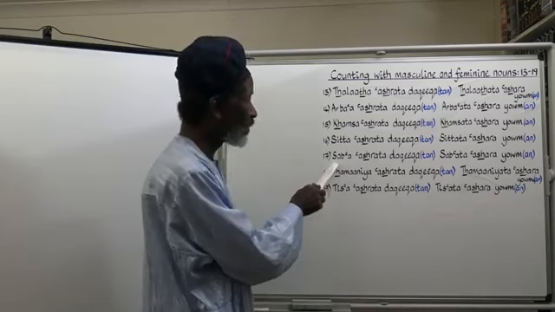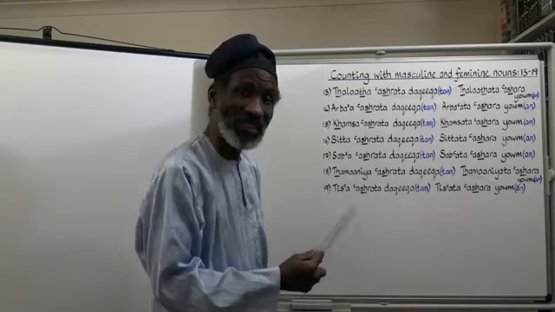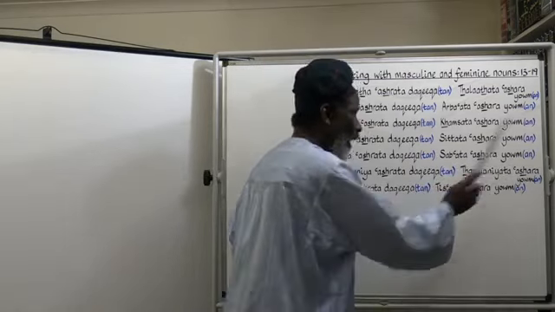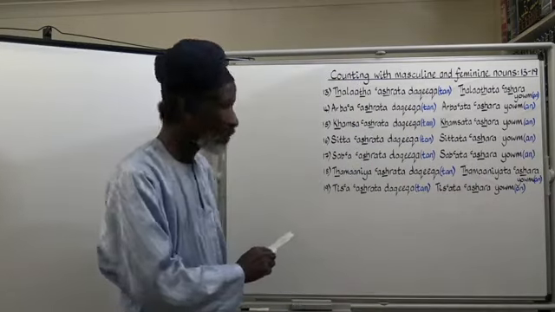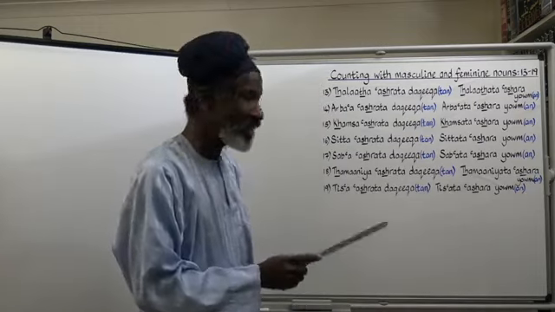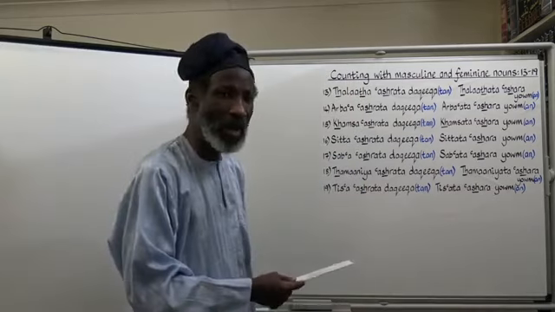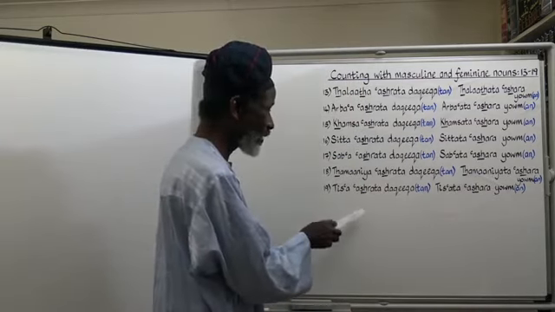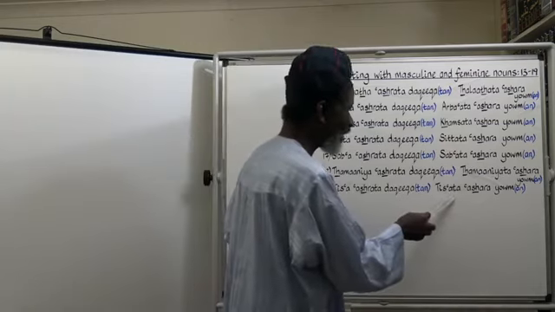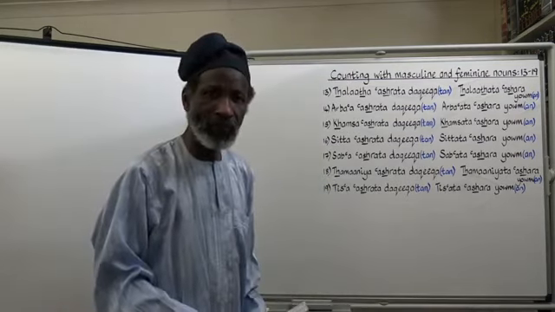17 minutes, سبع عشرة دقيقة. 17 days, سبعة عشر يوما. 18 minutes, ثماني عشرة دقيقة. 18 days, ثمانية عشر يوما. 19 minutes, تسع عشرة دقيقة. 19 days, تسعة عشر يوما.